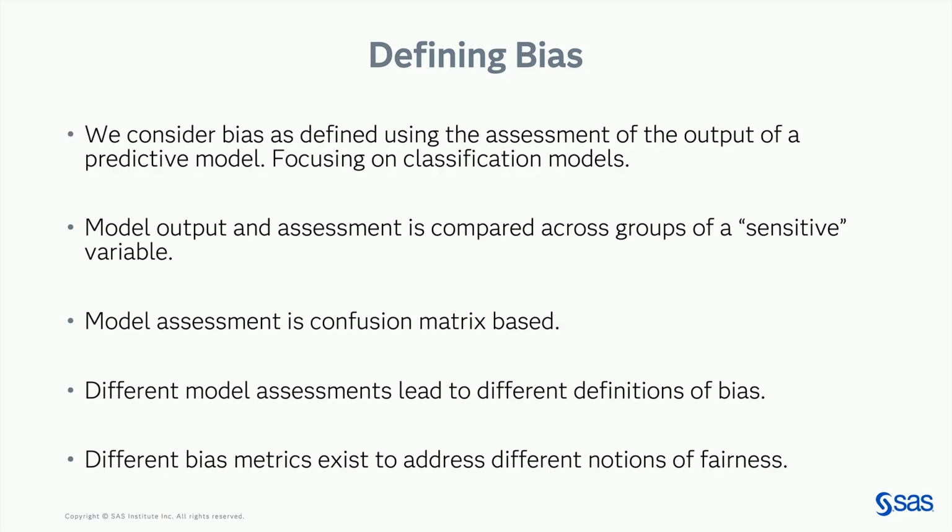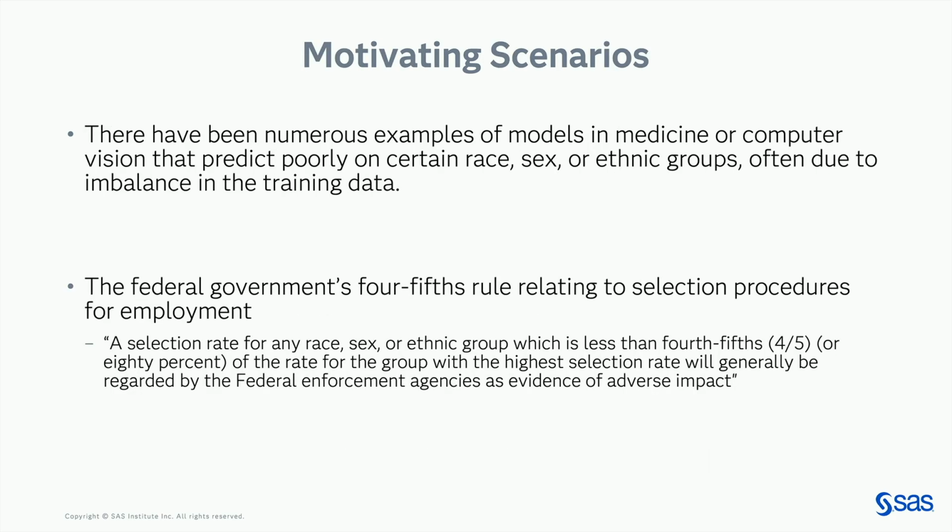Those different mathematical definitions of bias are useful or used in different scenarios and contexts. So when somebody says something is unfair, that might mean different things mathematically depending on how you define bias.